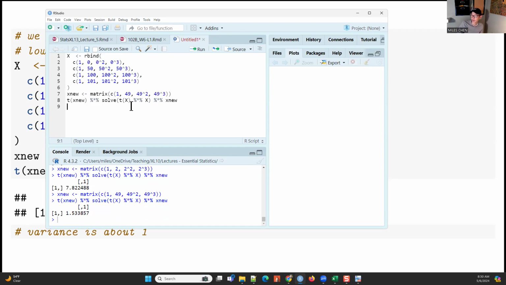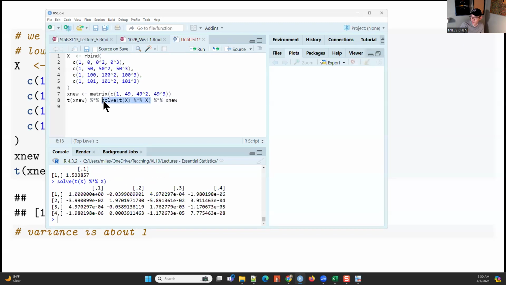So I think it's kind of interesting that this all takes into account, because if you say, all right, what does X transpose X inverse look like? This is hard to make sense of, right? Let's round this out.